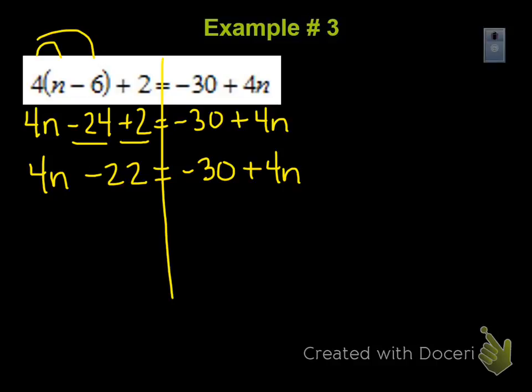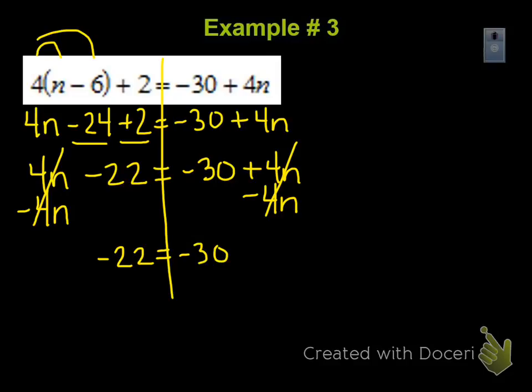Now I want to get my variable to one side, so I'm going to get my variable to the left-hand side. So on the right-hand side, to cancel that out, I need to subtract 4n. So I do that as well on the left-hand side. On the left-hand side, 4n minus 4n does cancel out, and I am left with negative 22 equals negative 30.